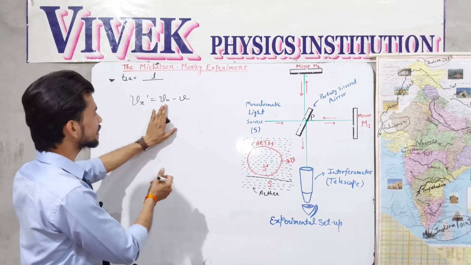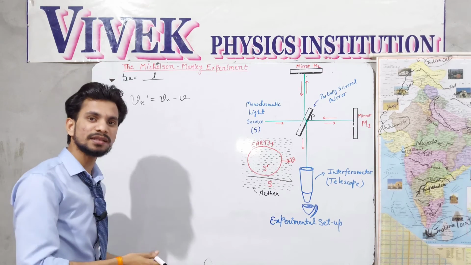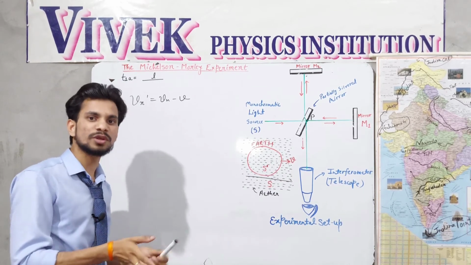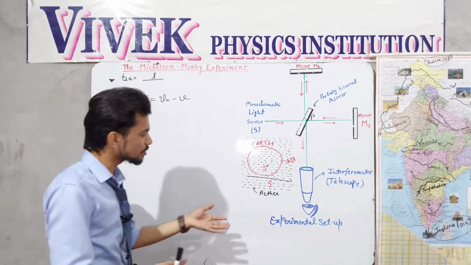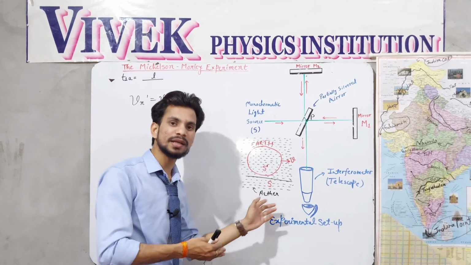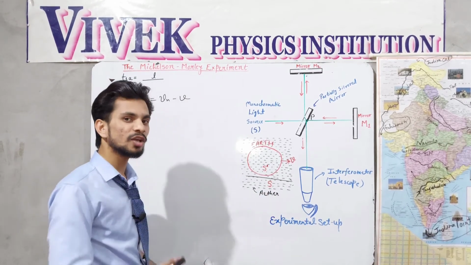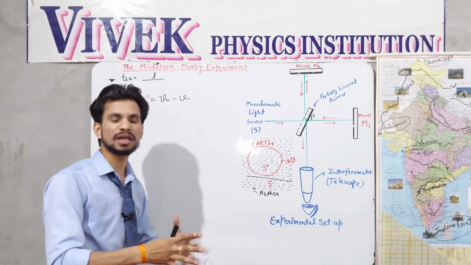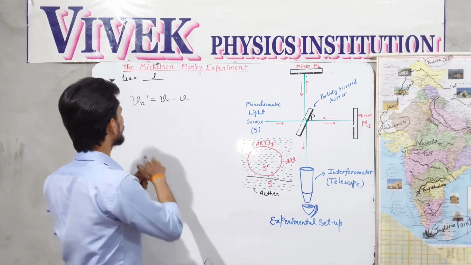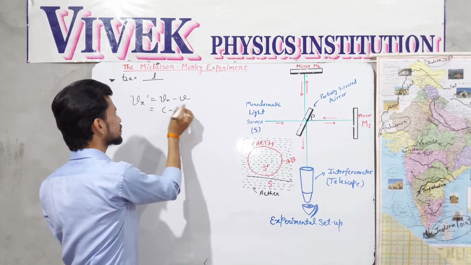Vx is the speed of light in the ether, and as ether pervades the universe in stationary conditions, the light will move in the ether with its absolute value. And what is the value of the speed in the stationary system? That is c. So I will take c here, and this is minus v.